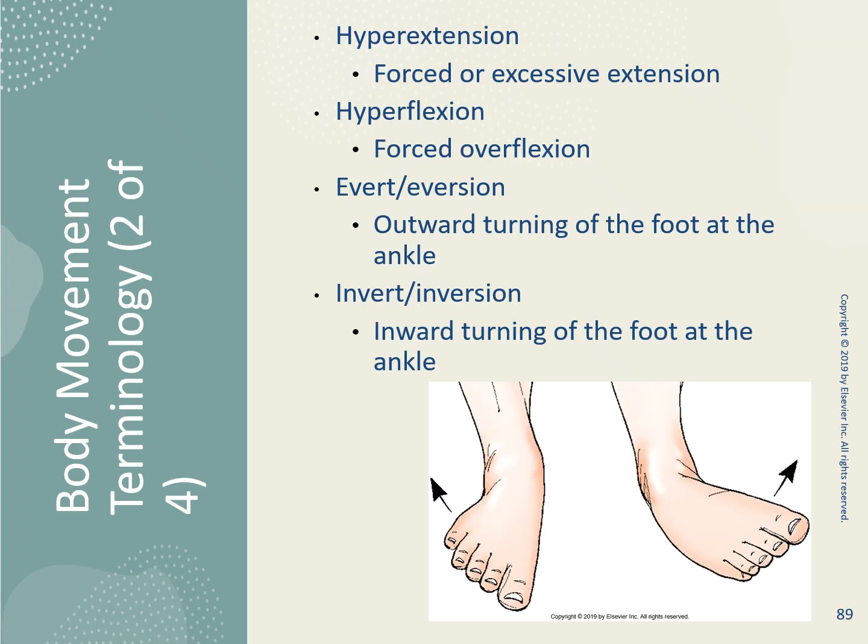Hyperextension is excessive extension. Typically, people can do this with their wrists fairly well. Other body parts, not so much. But most of us can hyperextend our wrist. Hyperflexion a little bit, but the wrist can also do that.